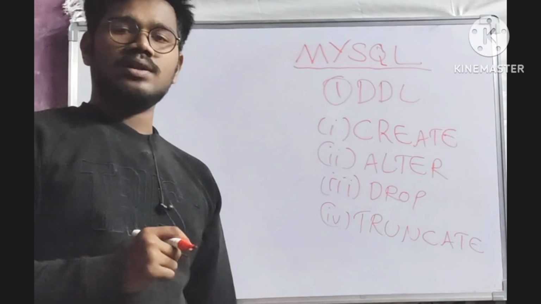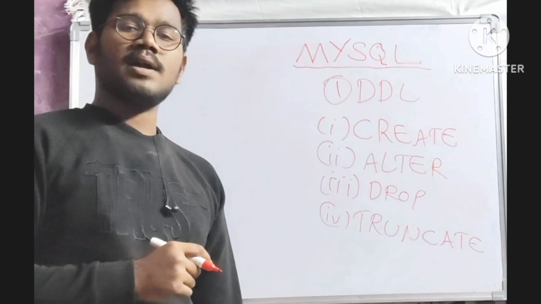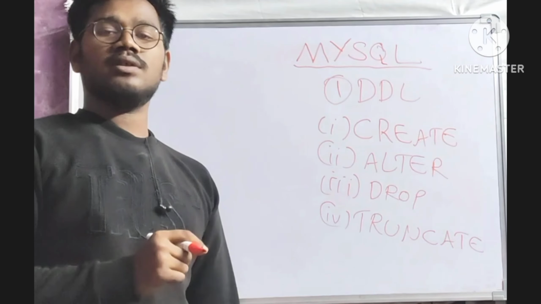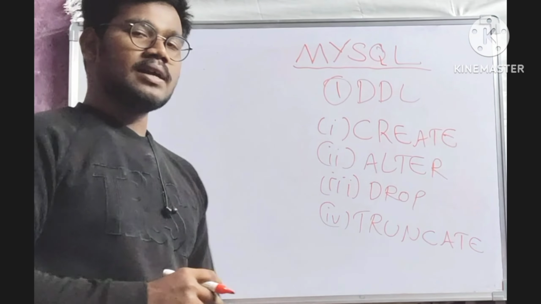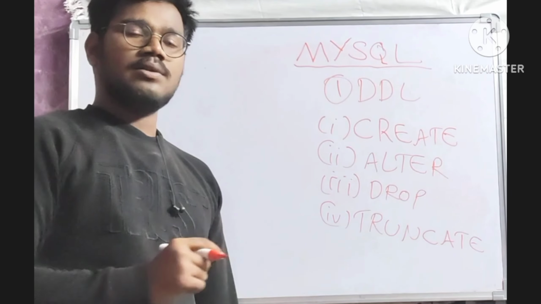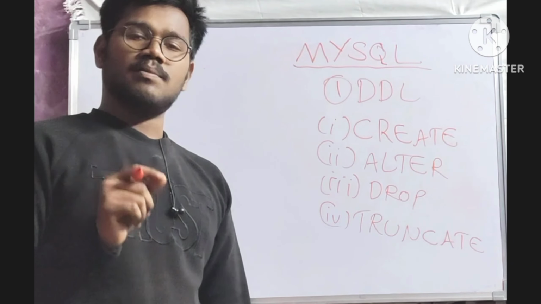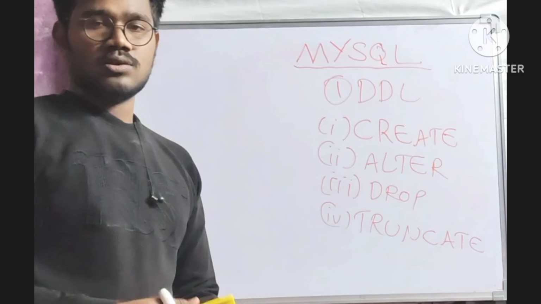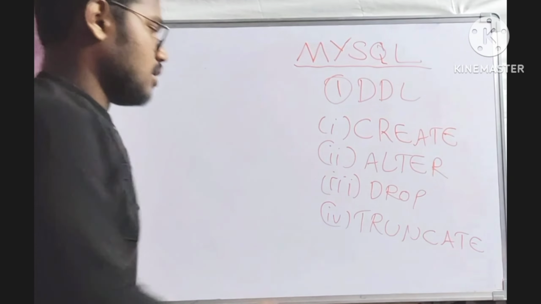The next one is the drop command. This drop command is used to delete the table or a database completely with its structure. The truncate command is used to delete the information present inside a table, but it does not delete the structure of a table. So let's discuss the structure of a table.